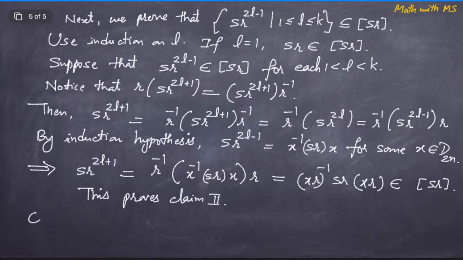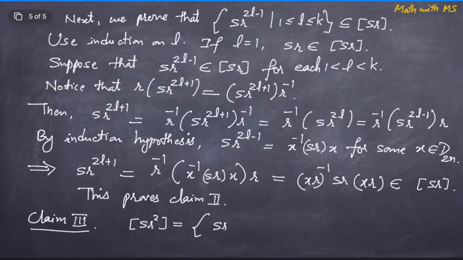And we can prove claim 3 similarly, which is that the conjugacy class of SR square is nothing but elements of the form s r to the power of 2L, where L is bigger than or equal to 1, less than or equal to k.